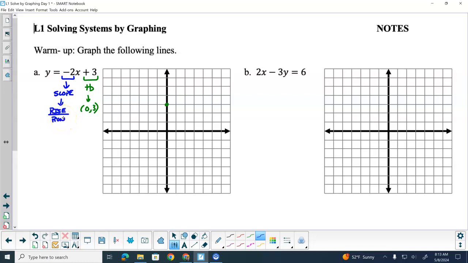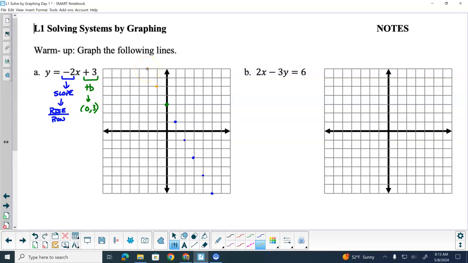So that's why we go down 2, right 1, down 2, right 1, down 2, right 1. If I didn't want to go down 2 and right 1, Michelle, what would my other choice be? Up 2 and left 1, up 2 and left 1. Okay?